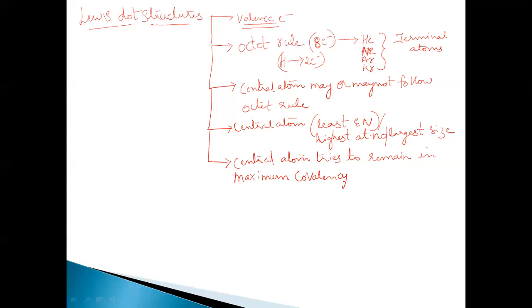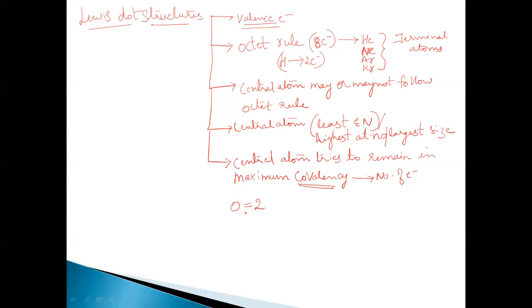So what is covalency? Covalency is nothing but the number of electrons the atom can give for sharing, or for the formation of a covalent bond. For oxygen, the covalency is 2.